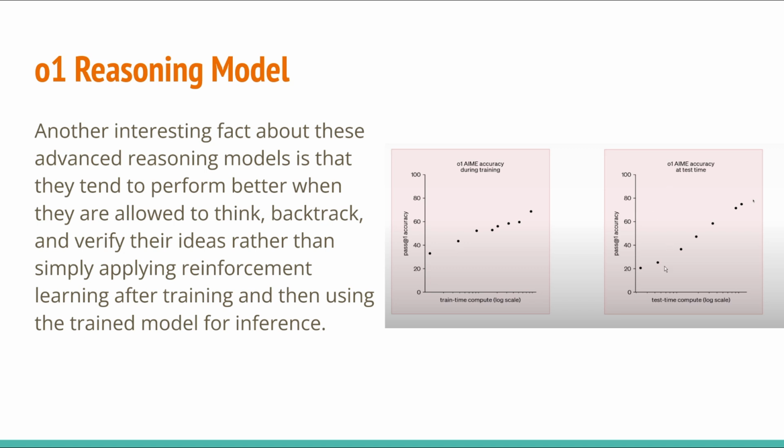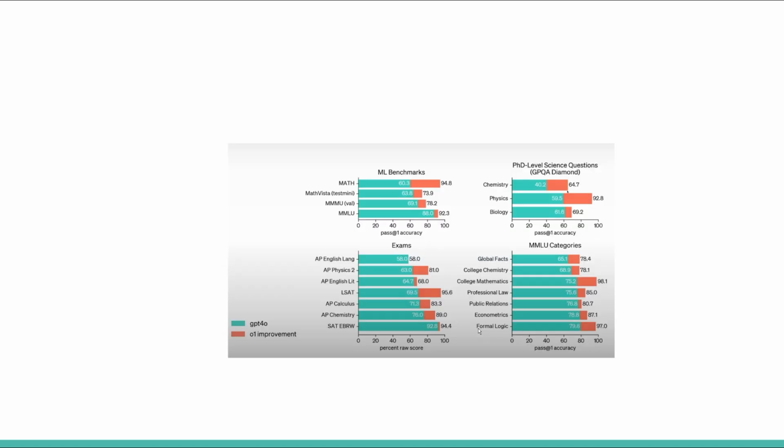And on the right side, you can see that this is at test time. At test time, this model is thinking, giving outputs, and we're getting a steeper line of accuracy, right? We're getting more accurate if the model gets to think rather than from this trained model from reinforcement learning.